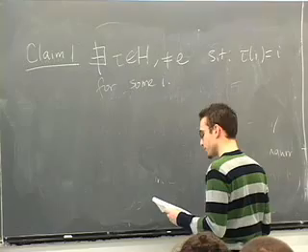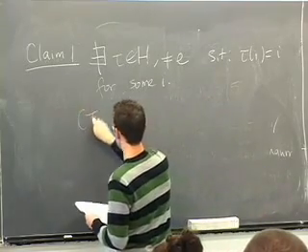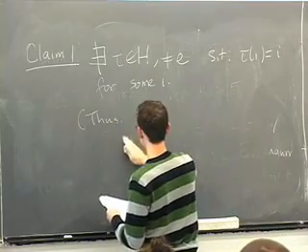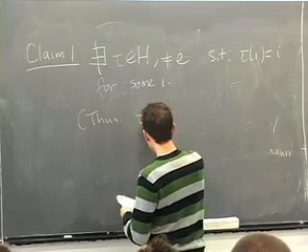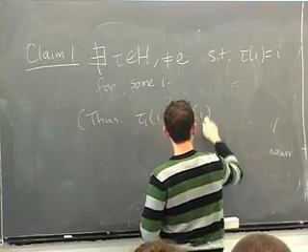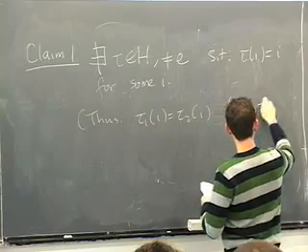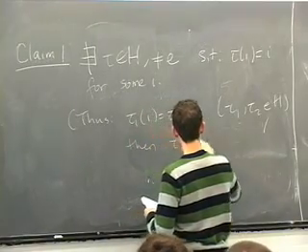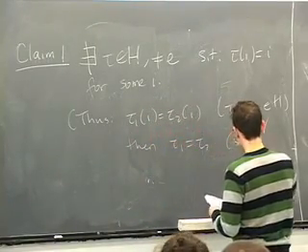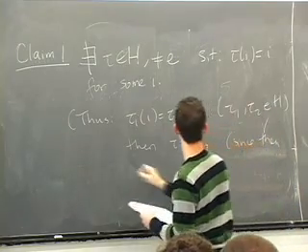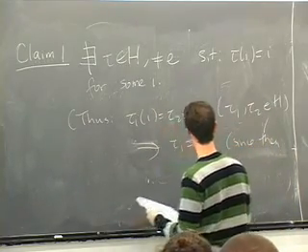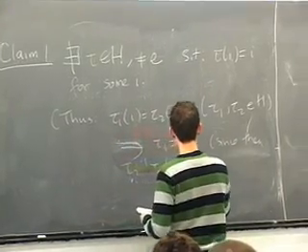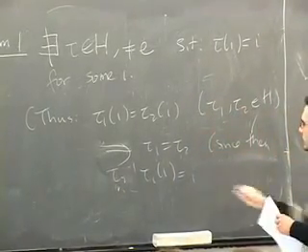The way that you actually end up using this, to make the connection clearer for the next claims: if I know that tau_1(i) equals tau_2(i), with tau_1 and tau_2 being in H, then I know that, in fact, tau_1 equals tau_2, since then tau_2 inverse tau_1 of i equals i. So this thing must be the identity. So tau_1 must equal tau_2.